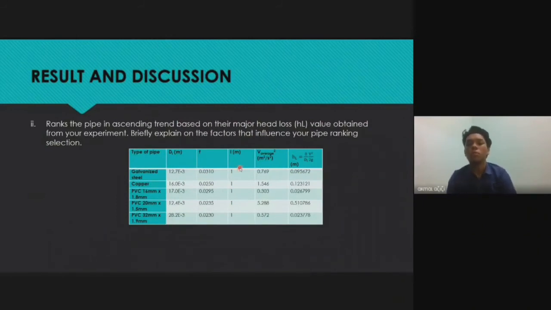To calculate the major head loss, the formula is friction times length over diameter times velocity of the fluid squared over 2g, 2 times gravity. The F, we use the one that we get from the Moody chart, and the velocity we use from the previous table.